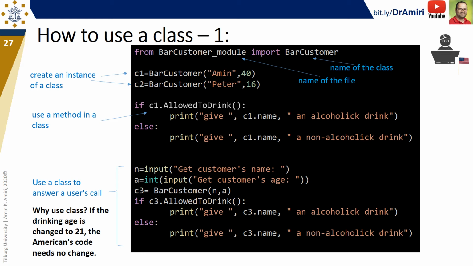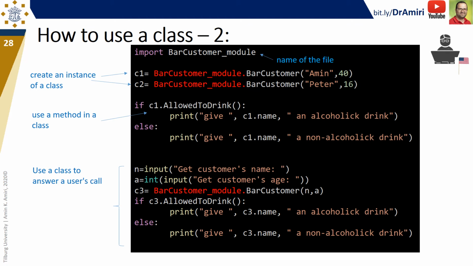Only the Dutch programmer needs to change that 18 to 21 and send a new file to the American, but the American code can be intact. Of course, you can also just import the name of the file, and then before each class name, before each BarCustomer, you also need to use the name of the module.